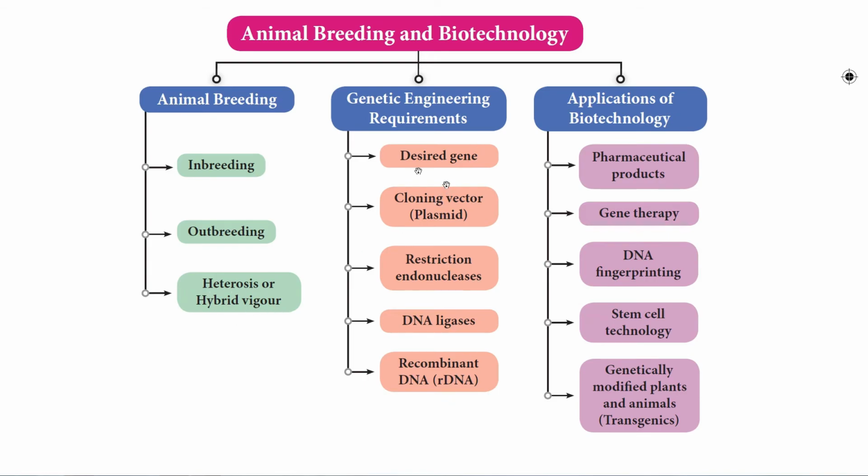Genetic engineering requires a desired gene, a cloning vector which is the plasmid, restriction endonucleases, DNA ligases, and recombinant DNA. What are the applications of biotechnology? They are used in the production of pharmaceutical products, gene therapy, DNA fingerprinting, stem cell technology, and genetically modified plants and animals are also produced out of it.